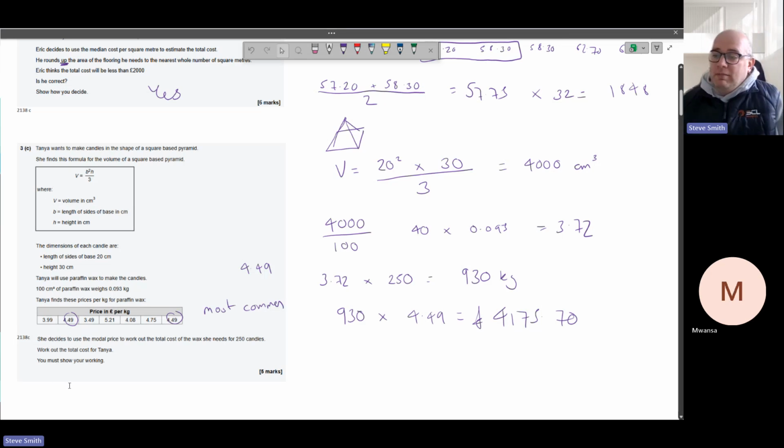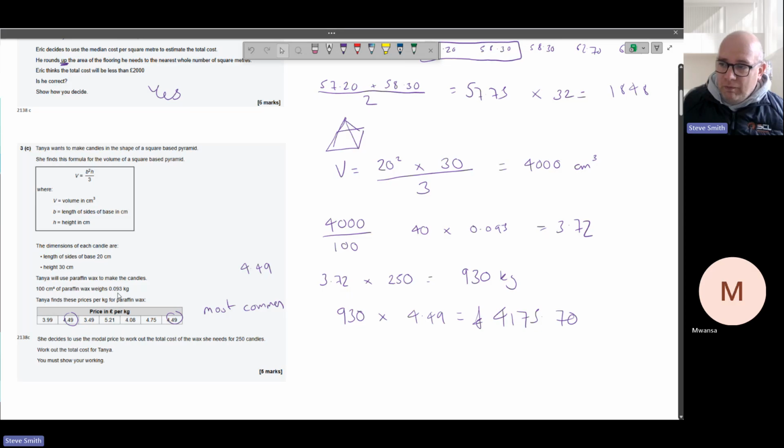Whether it's candles, whether it's Tanya, it doesn't really make any difference. You need to just follow the story. So we're following, find a volume of a shape with a formula. We've done that. And then once we've got the volume, we found out the weight for paraffin wax that we need.